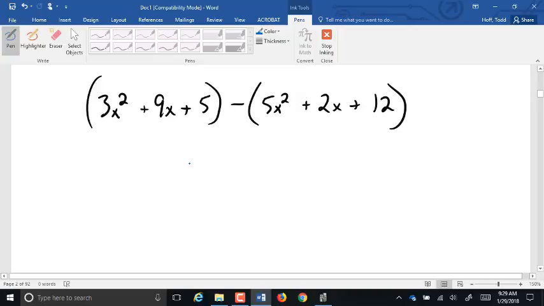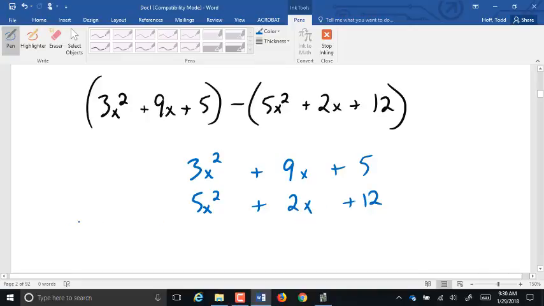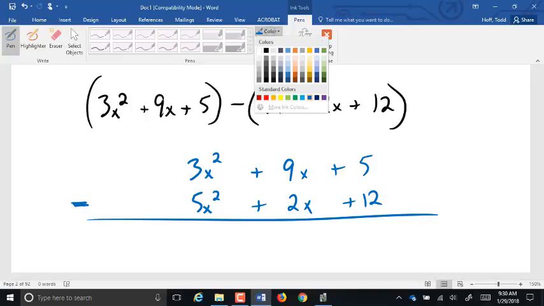So now once again, we line things up. We're going to write out the first one. And then for the second one, we'll put the 5x squared under the 3x squared, the 2x under the 9x, and the 12 ones under the 5 ones. And now we are subtracting this time.